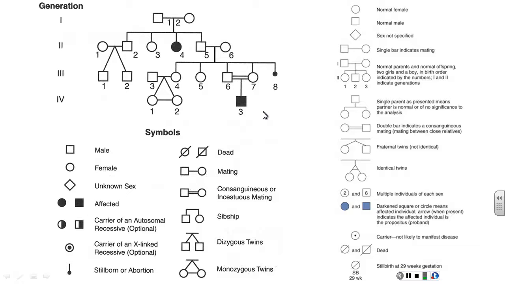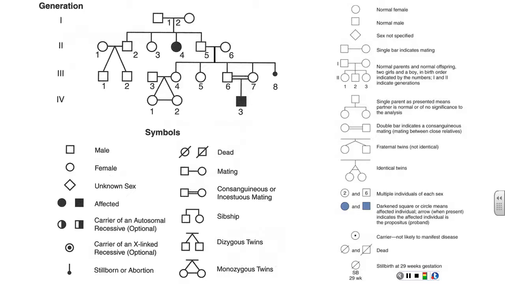One thing you may see also in a pedigree is a double line. Double line indicates incestuous or consanguineous matings. These are matings between closely related individuals. In this case, we have a mating between a brother and sister.